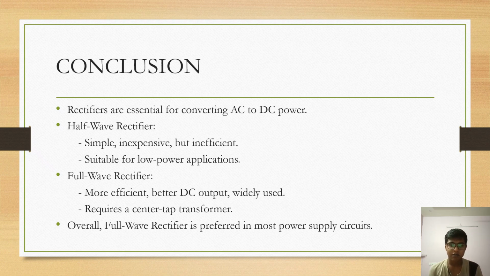The half wave rectifier gives output as half cycles in the positive y-axis, but the full wave rectifier gives both half cycles in the positive y-axis.